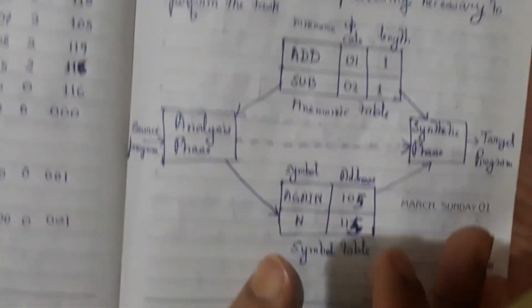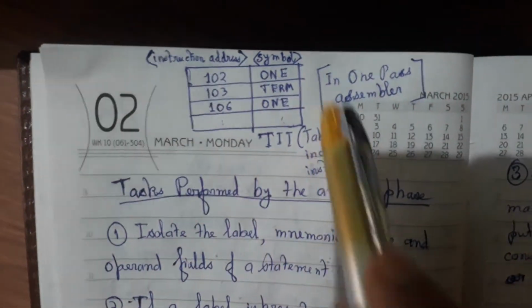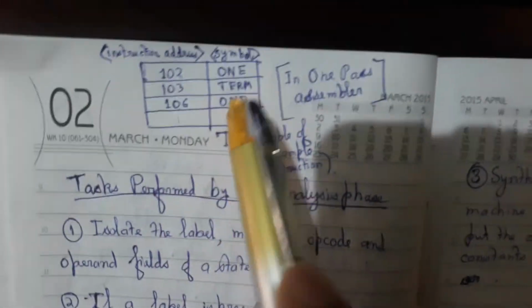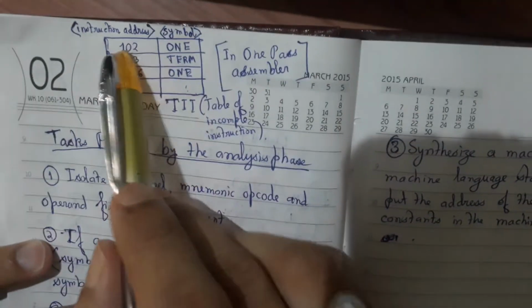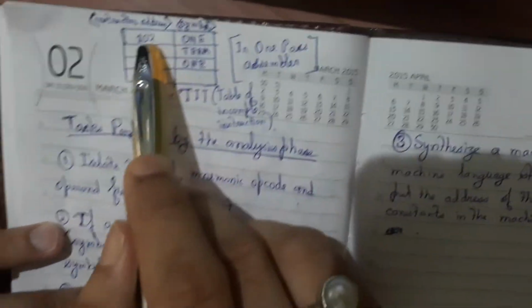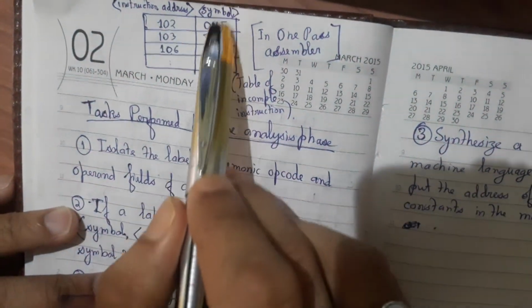In case of a single pass assembler, what happens? You have to put the addresses. How will you do that? In the single pass, one data structure called the table of incomplete instructions is created. It is a table data structure containing 2 fields: the instruction address and the symbol.